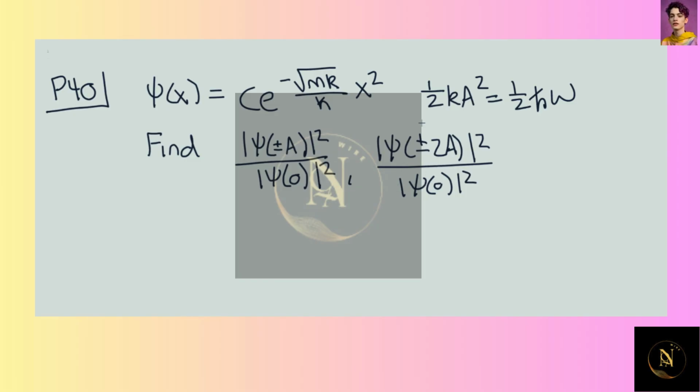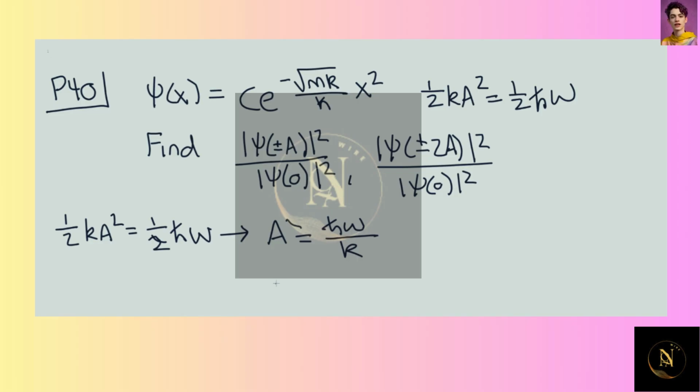So the first thing we can do is to start by getting an explicit expression for A. We have 1/2 K A squared equals 1/2 h bar omega. Thus, you can get A squared isolated, h bar over omega over k.